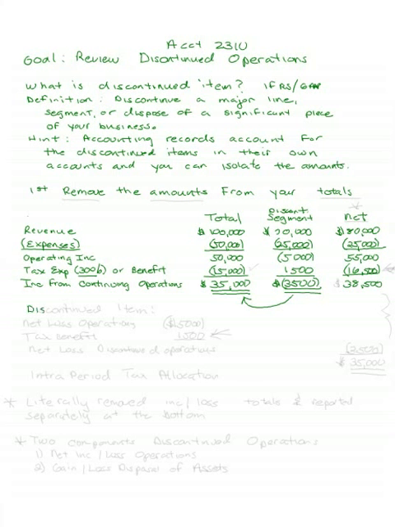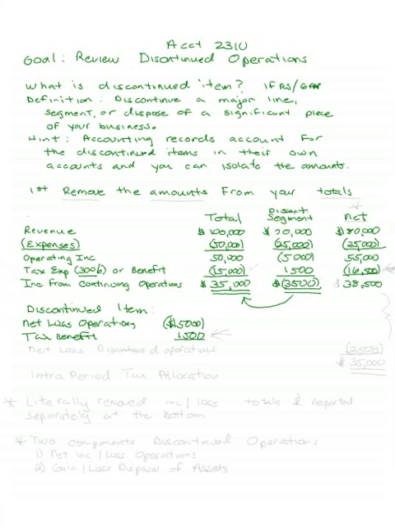On the bottom of the income statement, we would now need to include the discontinued item separately. And we would say net loss from operations. And we would take the $5,000 and say it had a tax benefit of $1,500 savings.